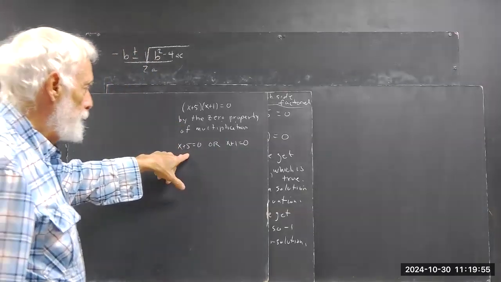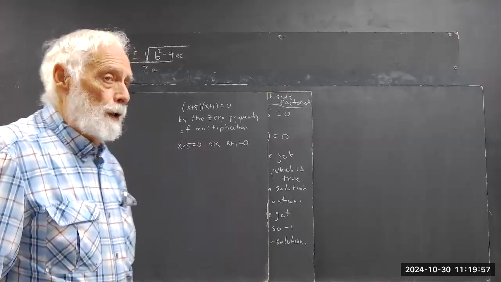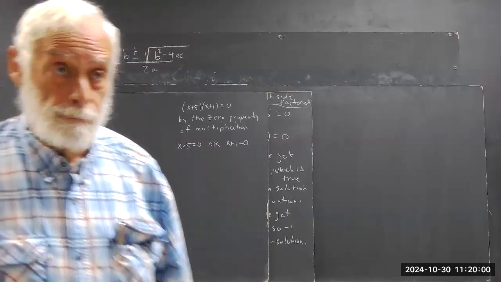By the zero property of multiplication, x plus 5 equals 0, or x plus 1 equals 0.